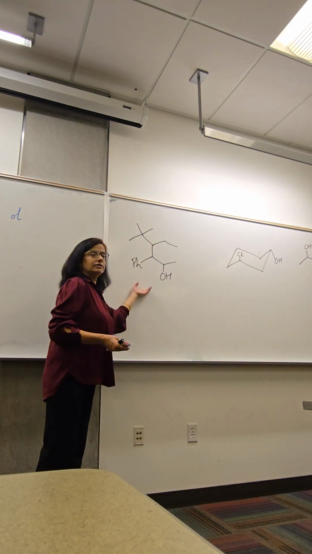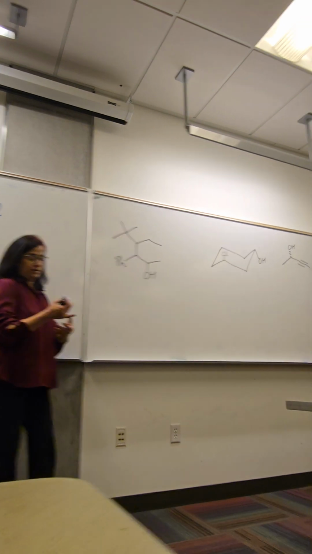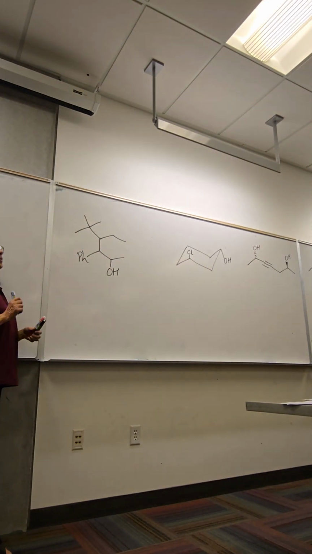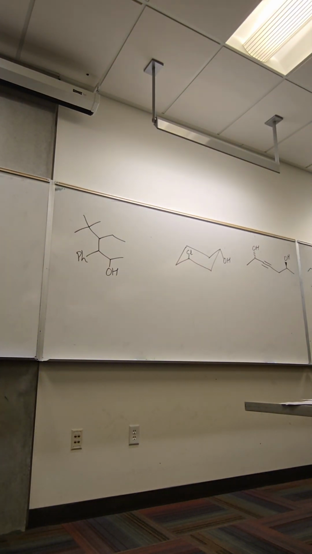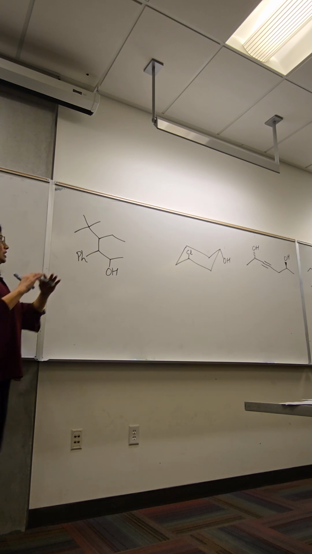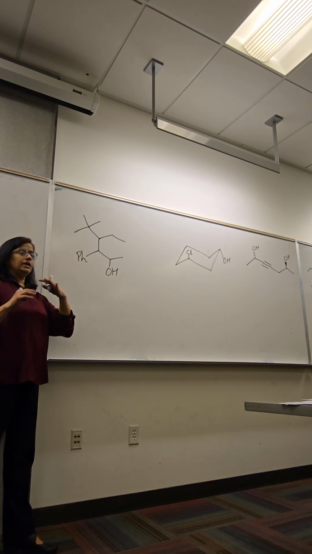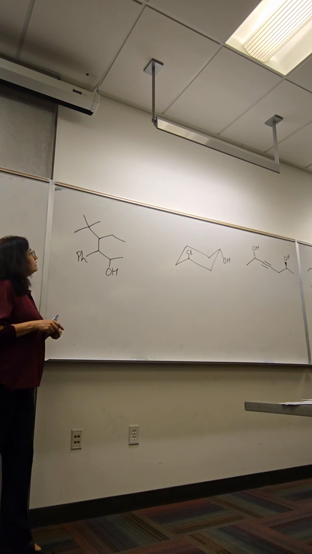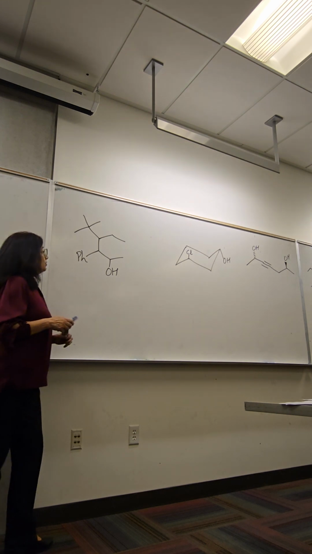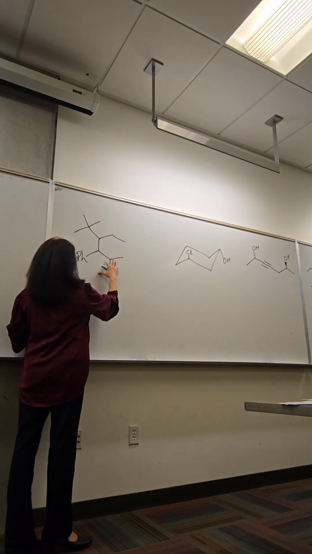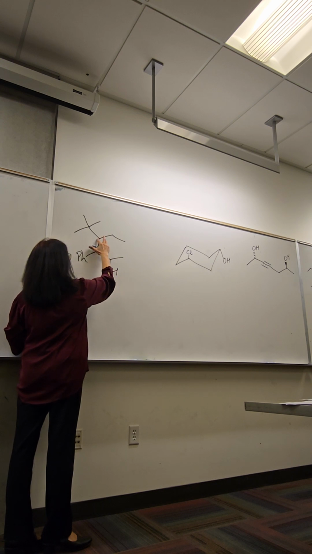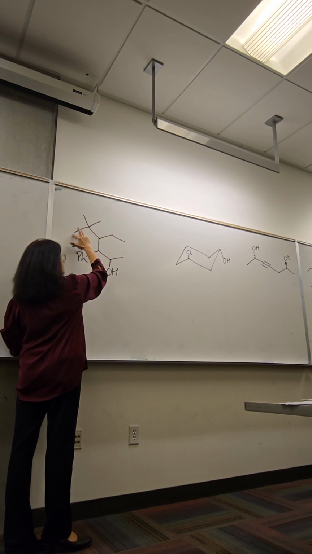Okay, let's try this. First job is to pick the parent, right? What's the parent? The parent must contain the OH because that has the highest priority. The longest chain that contains the OH. What would that be in this case? Hexanol. 6 carbons. Because here's your OH, 1, 2, 3, 4, 5, 6.